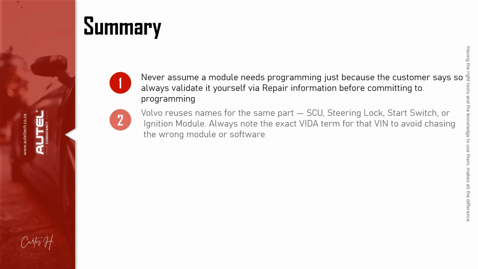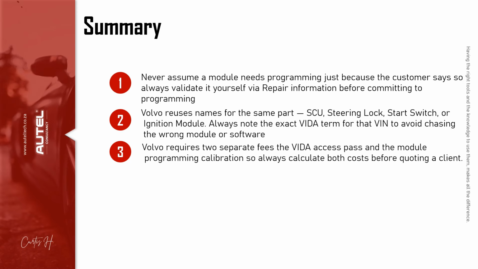Okay. Next, Volvo reuses names for the same part: SCU, steering lock, start switch, ignition module. So keep note of these terms for that VIN number to avoid chasing the wrong module or software. Next, Volvo requires 2 separate fees to access VIDA.